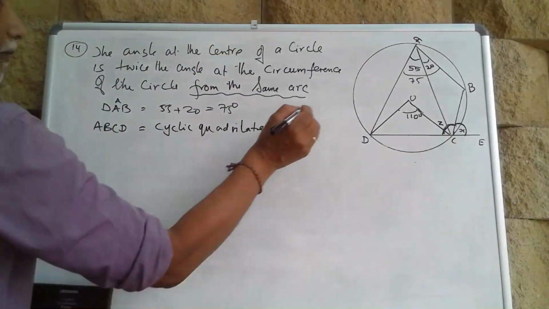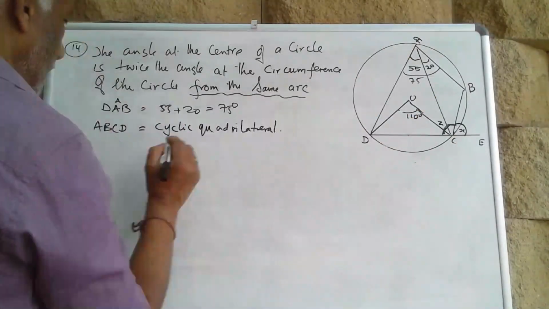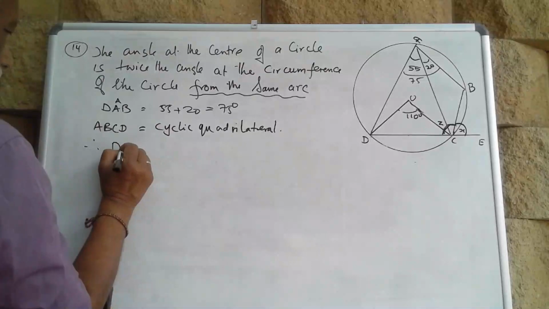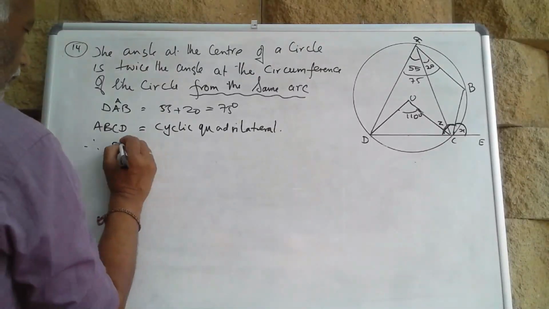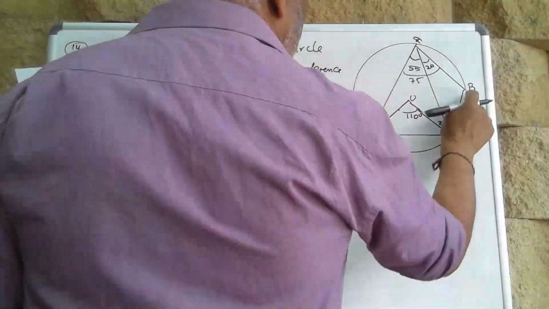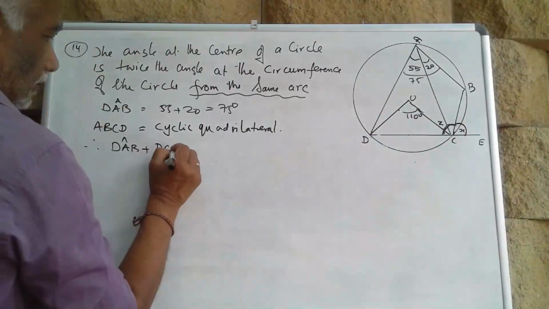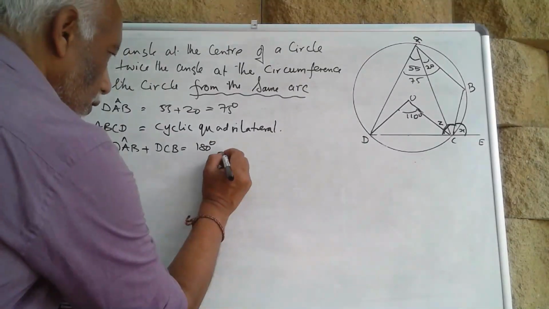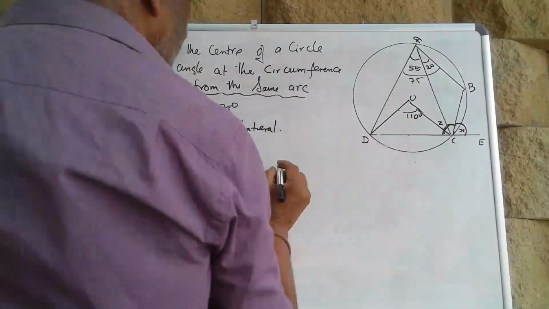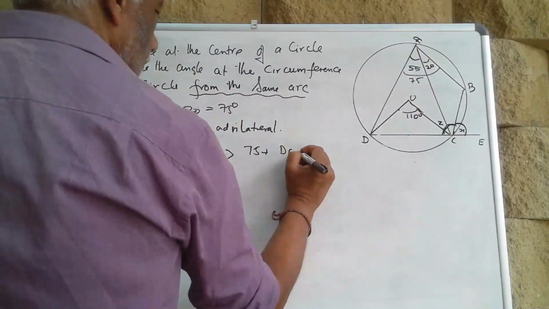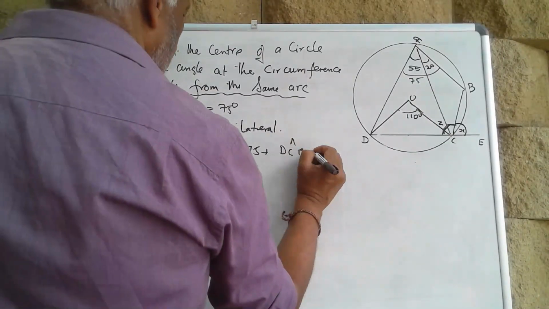Therefore, angle DAB plus angle DCB equals 180 degrees. But we know DAB is 75 degrees, plus DCB equals 180.